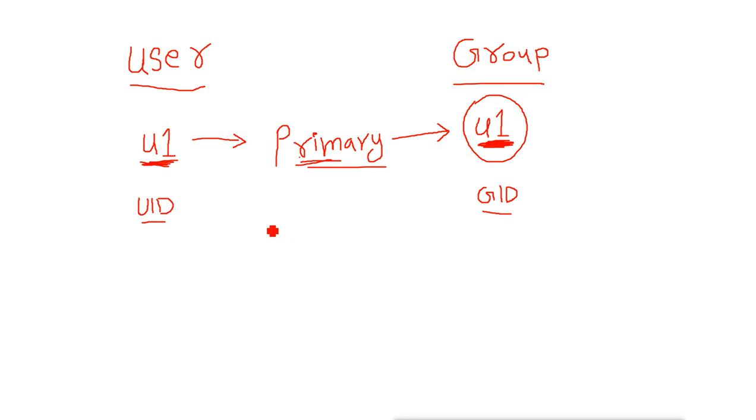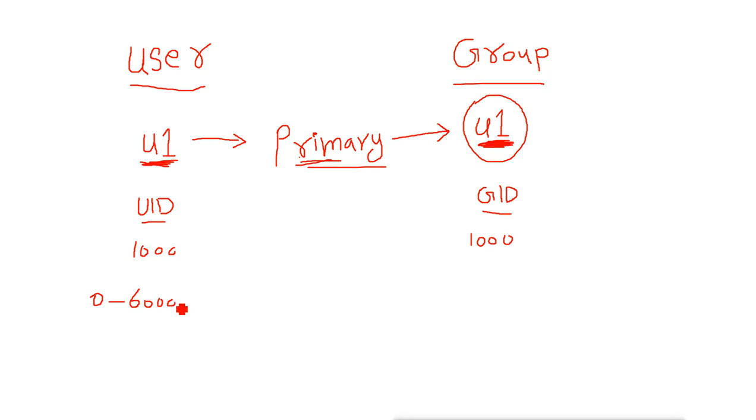Now for example, if the user I create here gets the UID 1000, the group will get the same number as its GID. Now how many UIDs and GIDs do we have? By default we have UIDs from 0 to 60,000.